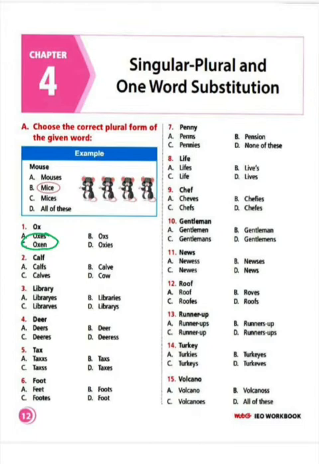Number 2, calf will be C, calves. 3, library will be B, libraries. 4, deer will be B, deer, because the plural of the word deer is deer itself. There are some exceptions to the singular plural rule, and deer is one of them. Deer, hare, these are the exceptions.